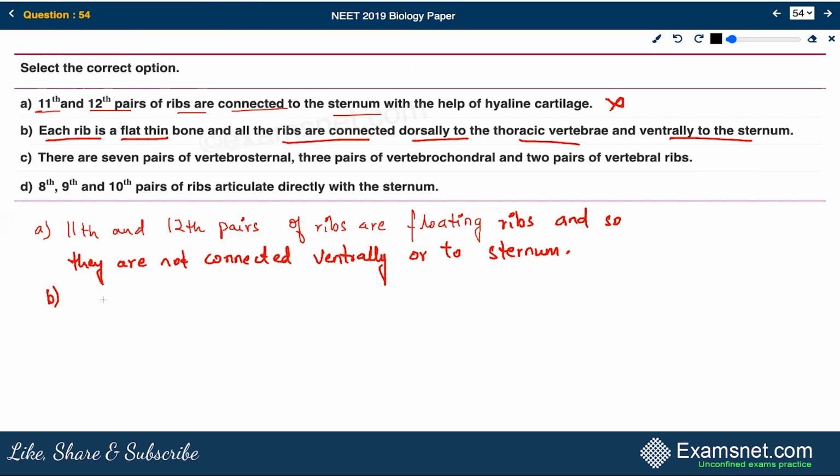All right. And the first pairs are considered to be true ribs. So this statement, that means option C, says that there are 7 pairs of vertebrosternal ribs, 3 pairs of vertebrochondral and 2 pairs of vertebral ribs.